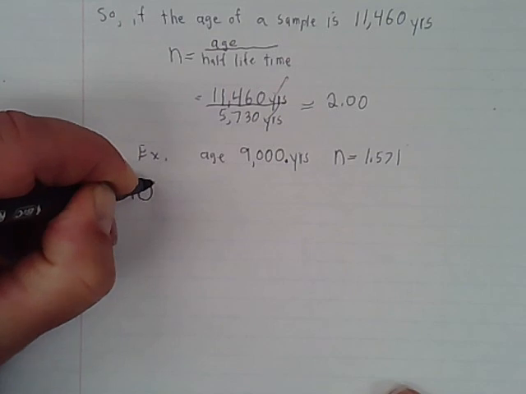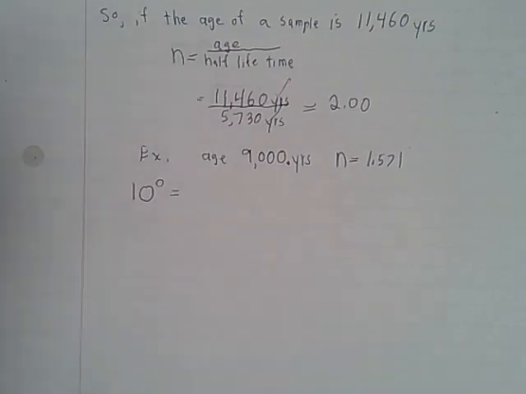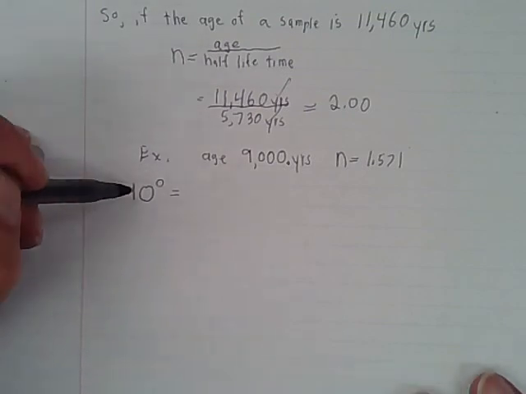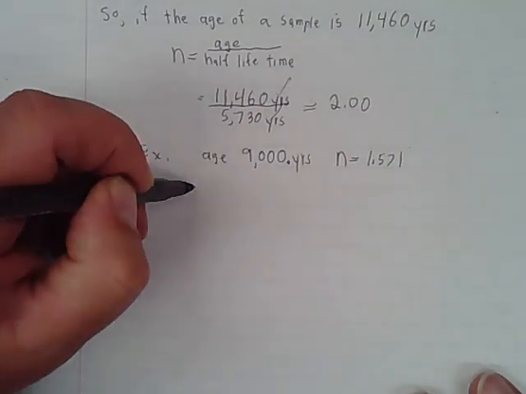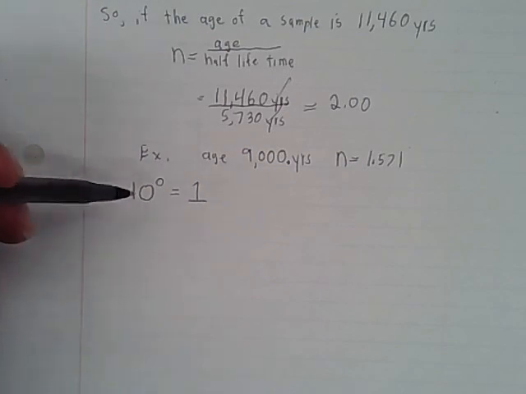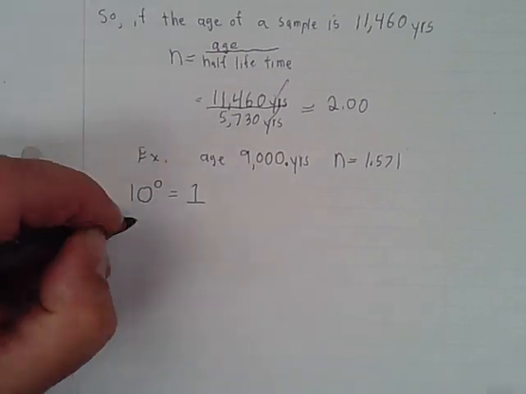To begin with, what is 10 to the 0 power? Turns out, any number other than 0 raised to the 0 power is just 1. So crazy but true from math class. So 10 to the 0 power is 1. Anything other than 0 to the 0 power is 1. 2 to the 0 power, 19 to the 0 power, and so forth.